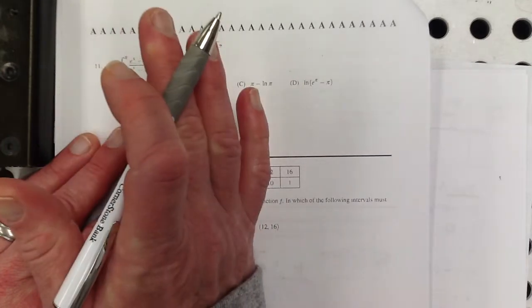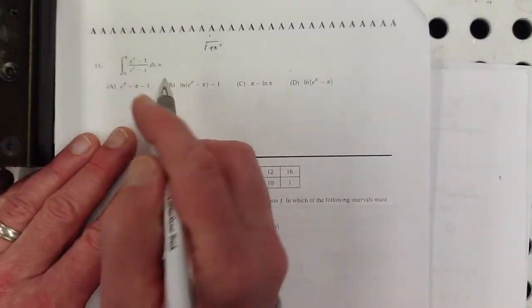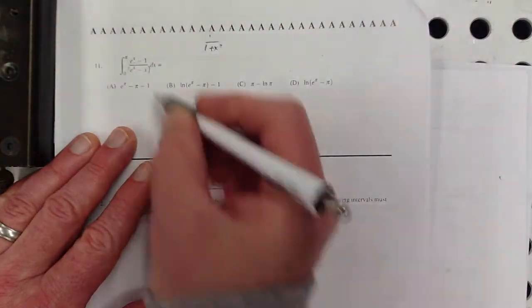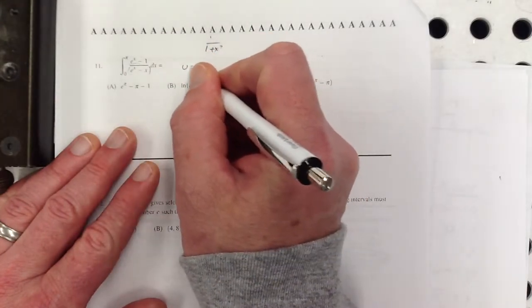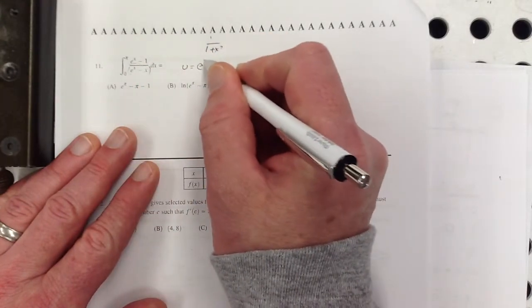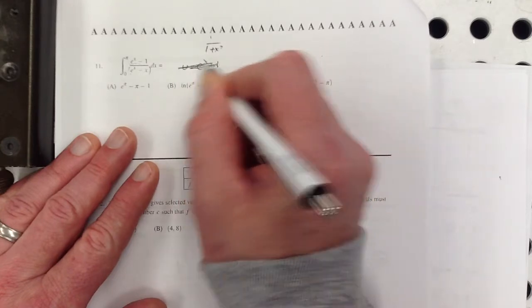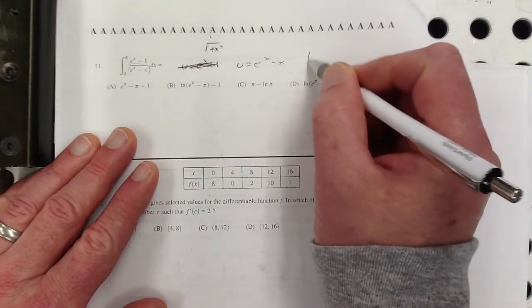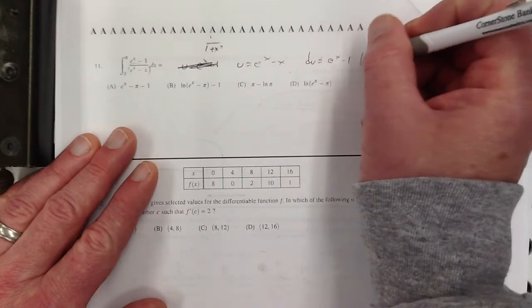You can never do a u substitution with the top of something. Well, this isn't entirely true, but if this were going to work as a u substitution, the most likely thing would be that you would try to substitute the bottom. And then if you're kind of sniffing around this and thinking, well, maybe u substitution would work, whether you write this down or not, if u was equal to, sorry, let me try that again, e to the x minus x, then du would be e to the x minus 1 dx.